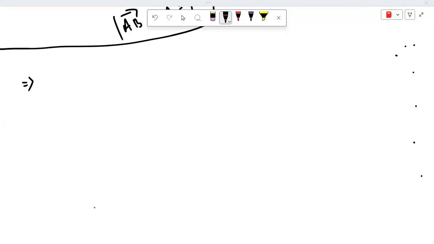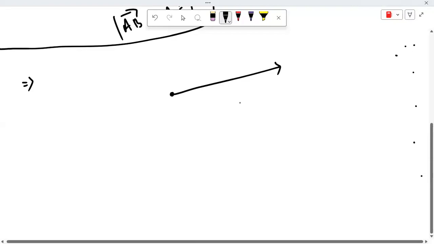Done, everyone? A vector looks like this, right? This is called the initial point.